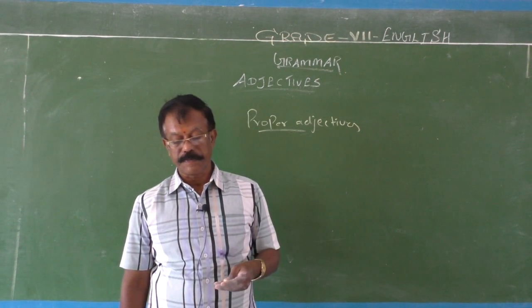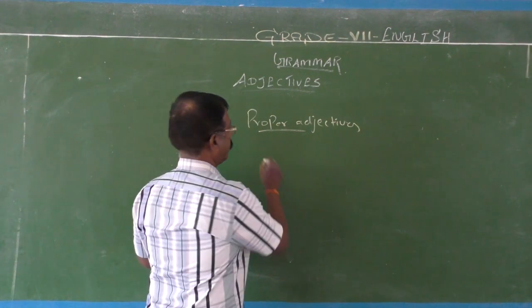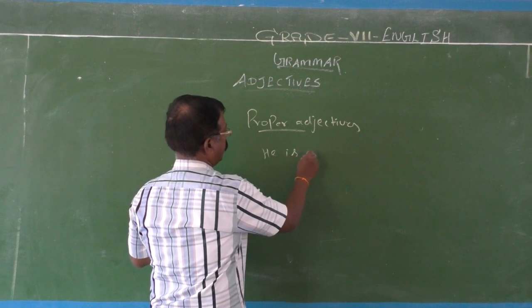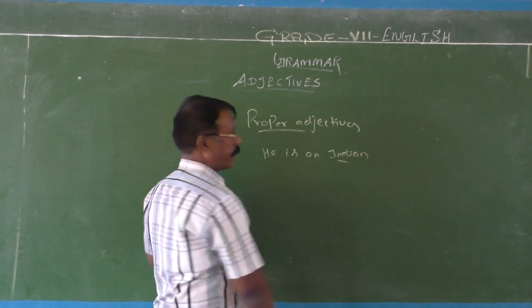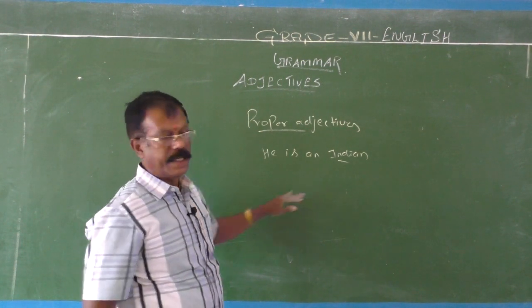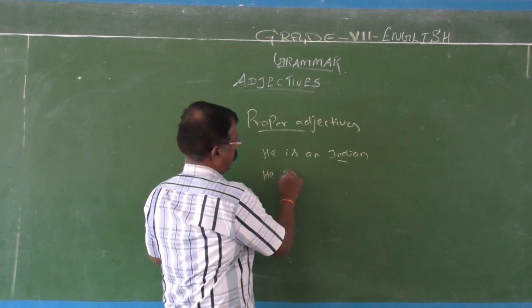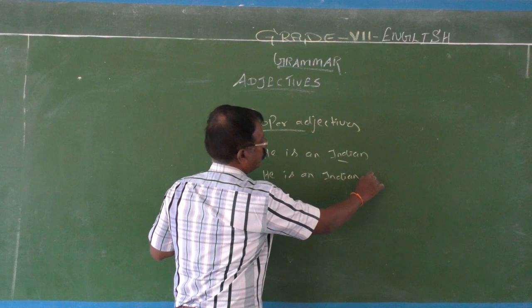For example, he is an Indian. This Indian is a proper noun. But how can it be used as a proper adjective? He is an Indian soldier.